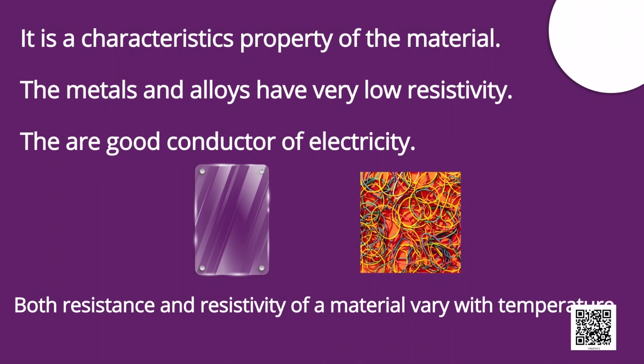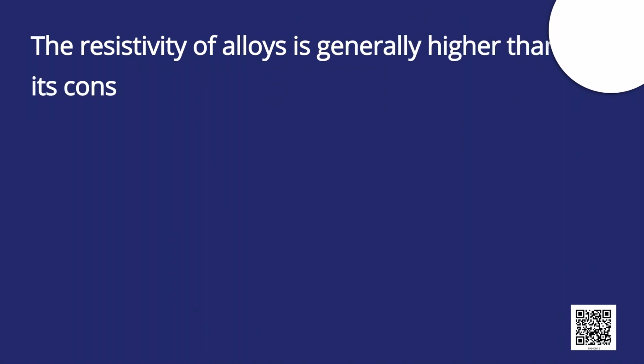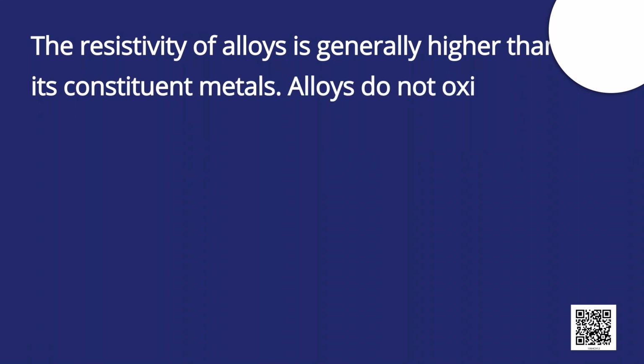Children, here I would like to stress on one point, that the resistivity of alloys is generally higher than that of its constituent metals. Alloys do not oxidize or burn readily at high temperature.